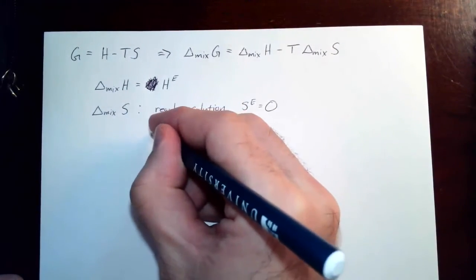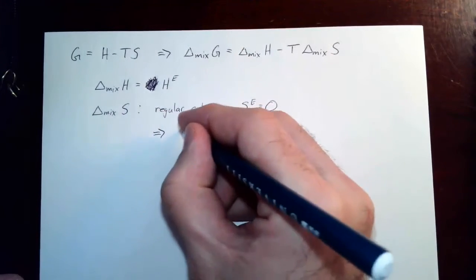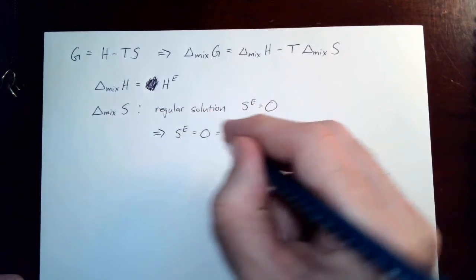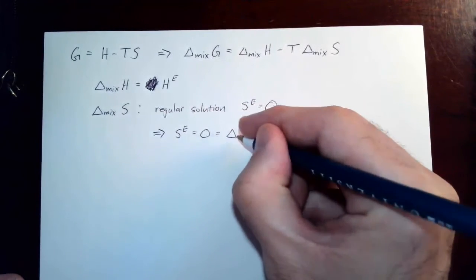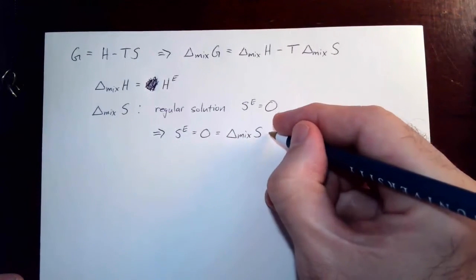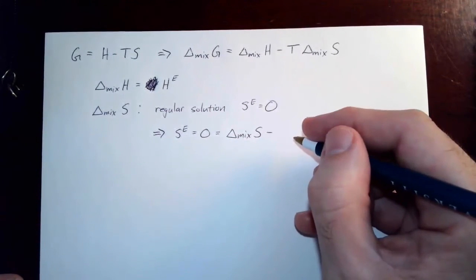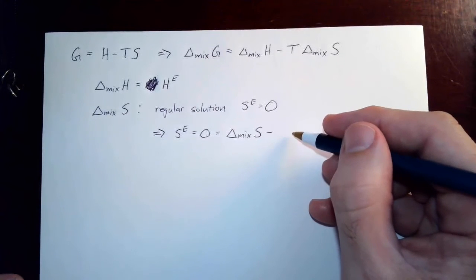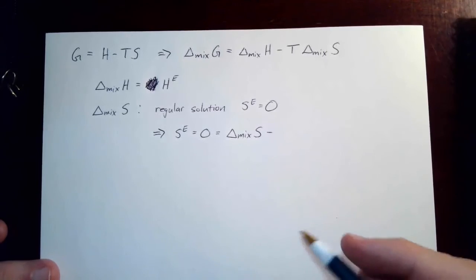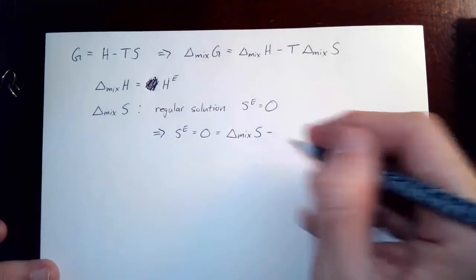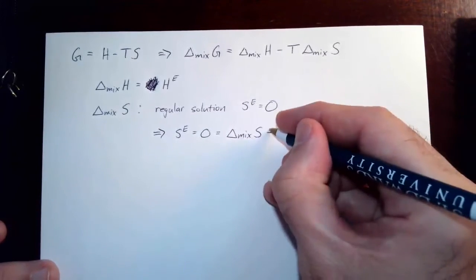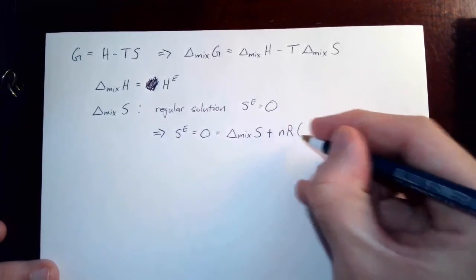So this implies that SE, which is 0, also equals the actual delta S minus the ideal delta S. So if I plug in our ideal delta S, it was negative nR, so I'm going to get plus nR.